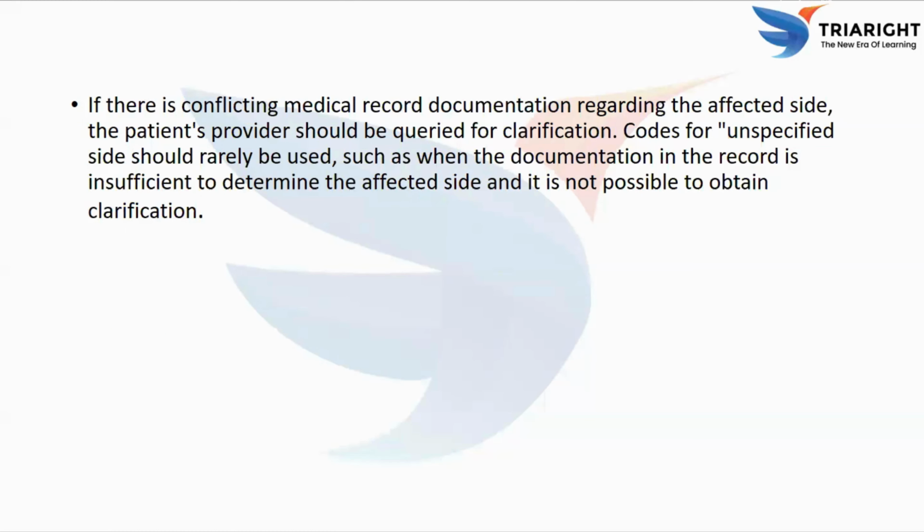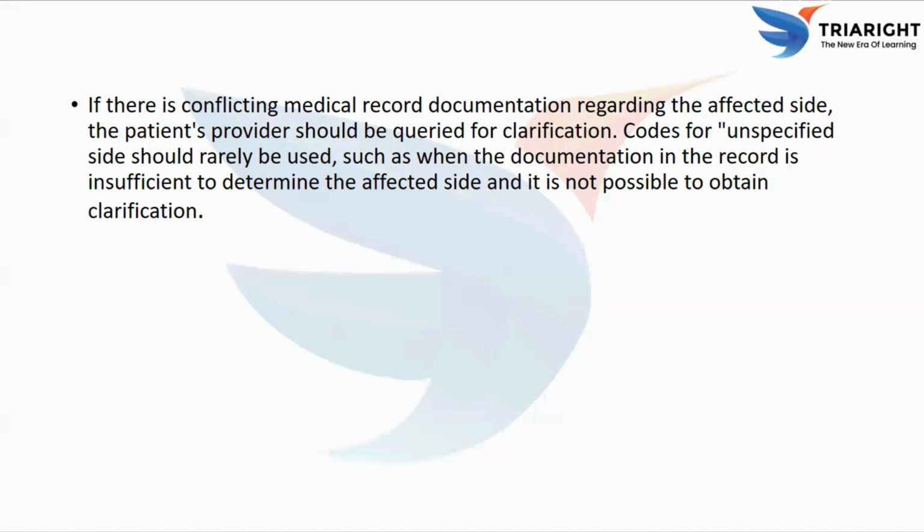If a medical record gives different or unclear information about which side, right or left, is affected, the provider must be asked for clarification. What steps do you have to follow here? If there is confusion in the documentation, for example, one note says right and another says left, you have to ask the provider to confirm which side is correct. You should not assume or guess the affected side.